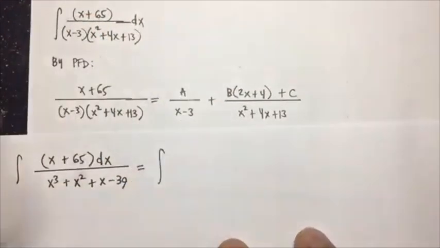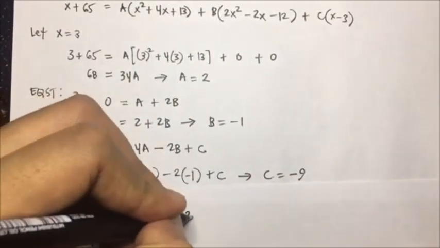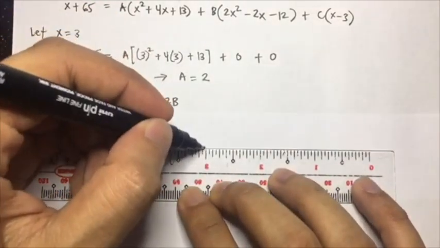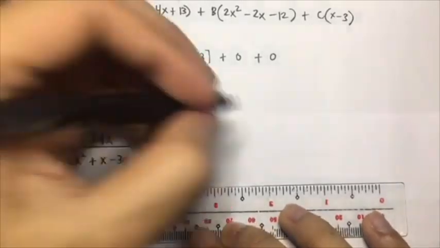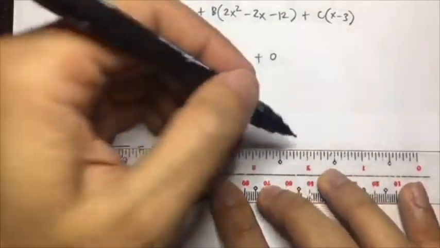So a over x minus 3, where a is 2, so therefore 2 over x minus 3. Okay, plus, we have for b, b is negative 1, right?